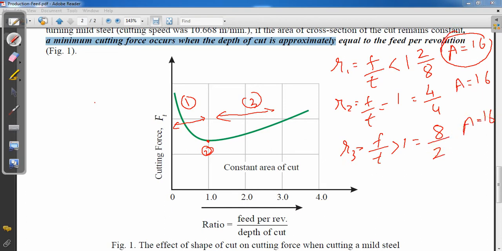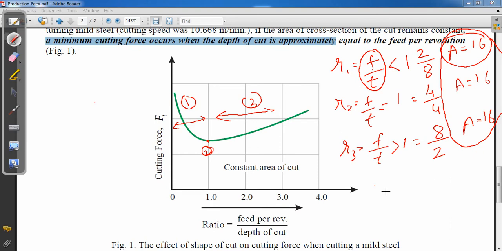So we see that in three conditions we are keeping that area of cut the same, but we are getting different cutting forces. This shows that cutting force will depend upon the ratio of feed rate and depth of cut, and this ratio will also be depicted by the shape of the cut.